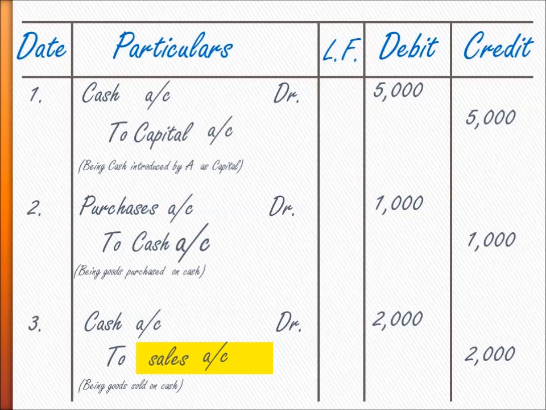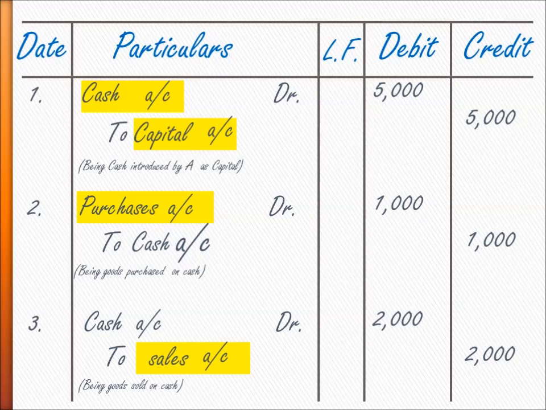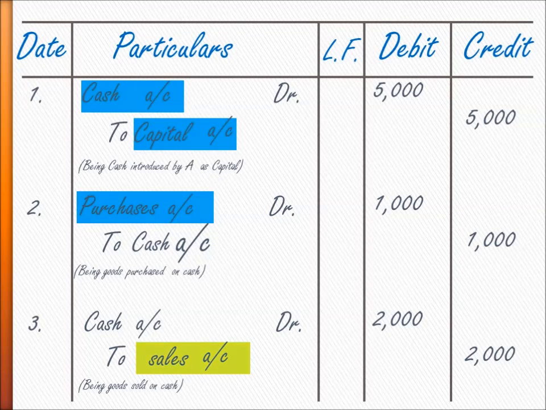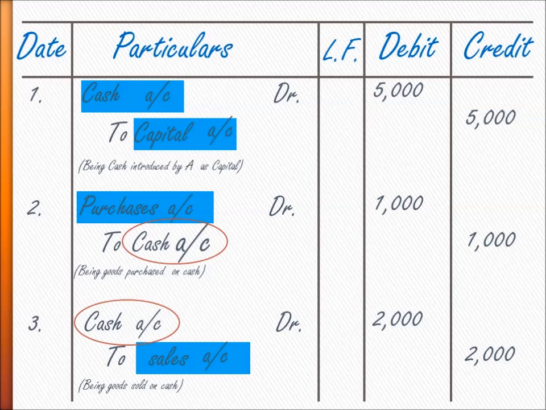So these are the 4 accounts or items involved in the firm during this year. Number 1, cash account. Number 2, capital account. Number 3, purchases account. And then number 4, sales account. Only 4 accounts are involved, but cash account has been used 3 times, but we'll count only once. So 4 items have been involved. Now we have to make ledger posting.